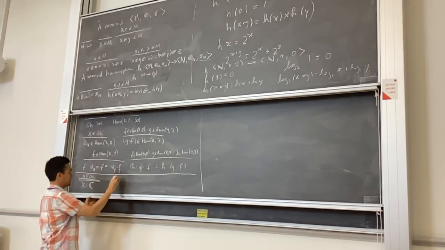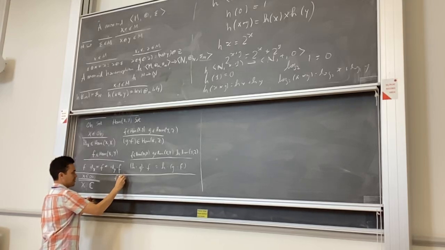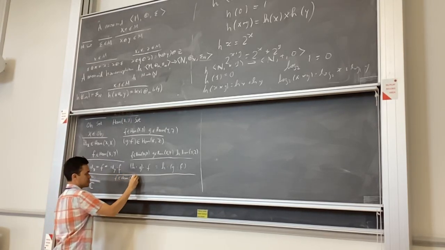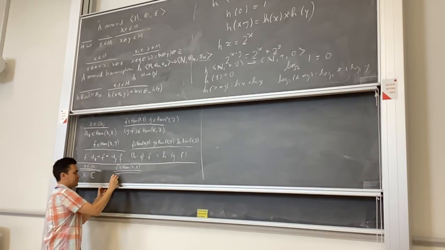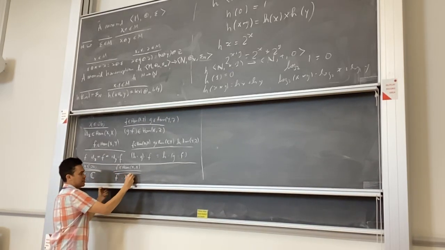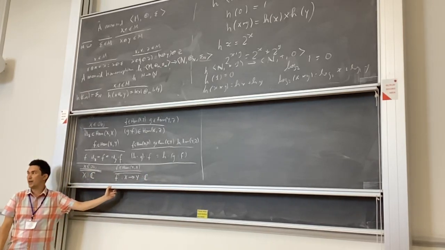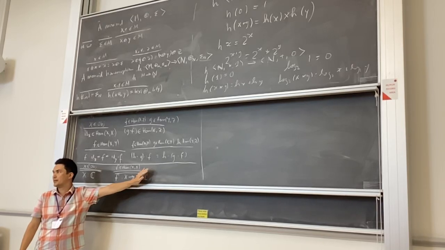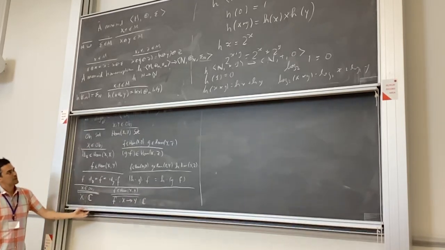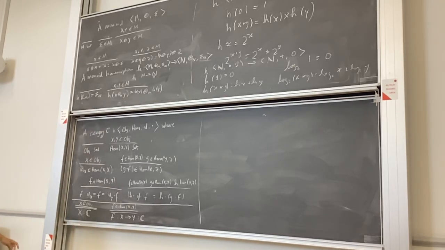And instead of saying f is in Hom(x, y), I'm going to be a bit bored of writing that. I'm going to write f is from x to y in C. And if I'm really lazy, I might not even write the C. I've kept that up here.